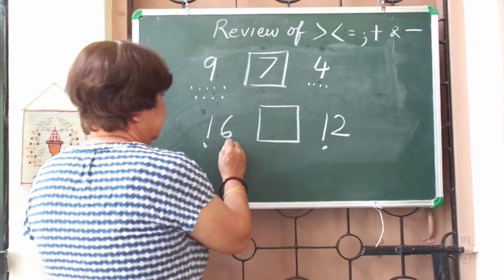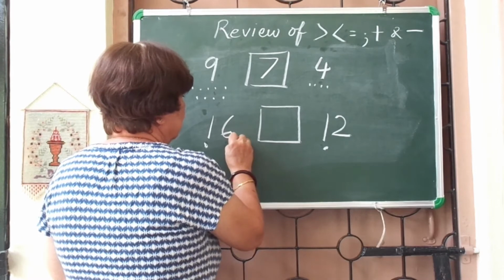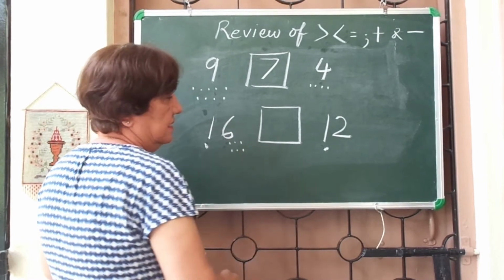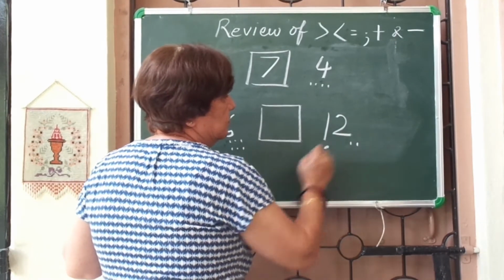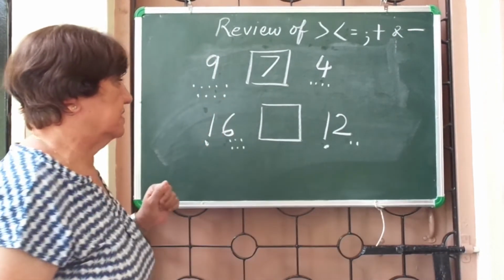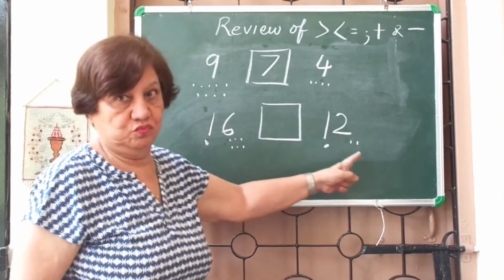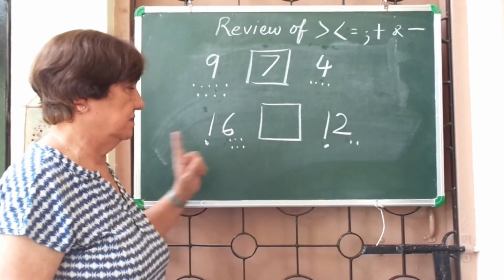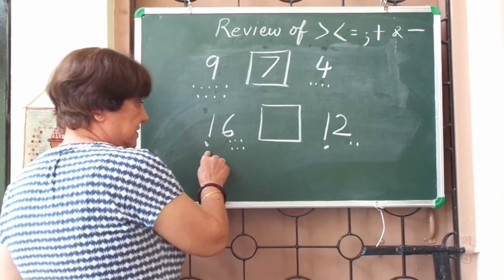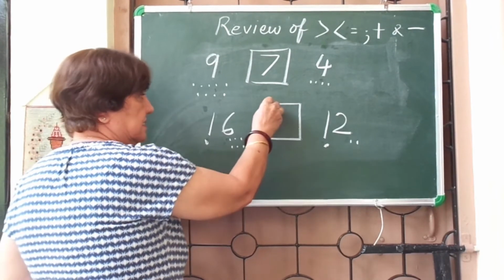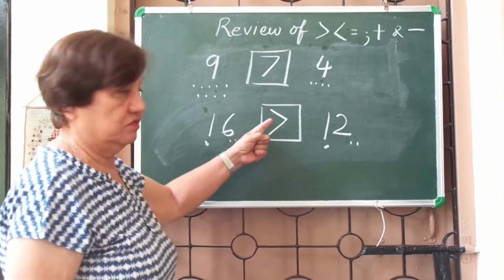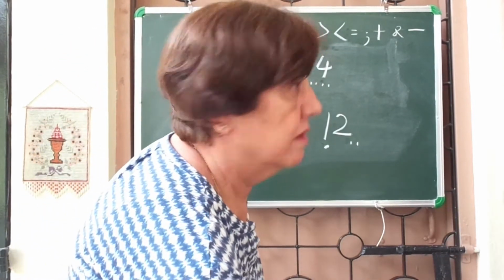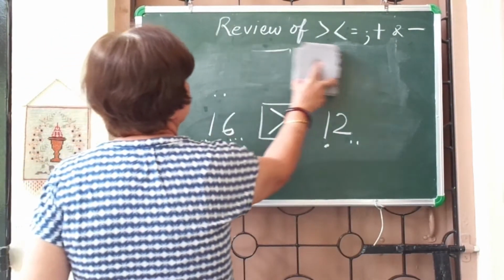So I will put 6 dots. 1, 2, 3, 4, 5, 6. And this is number 2. So I will put 2 dots. Now which number is greater? 6 or 2? So 6 is greater. So this total becomes 16. 16 is greater than 12. So the fish's mouth is open over here. We'll do another example to revise.